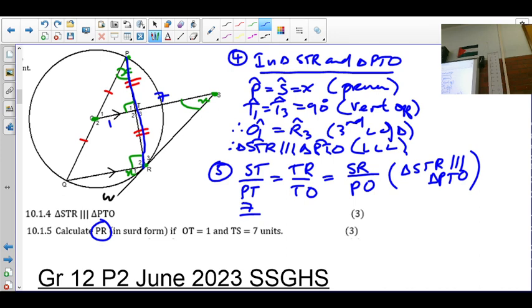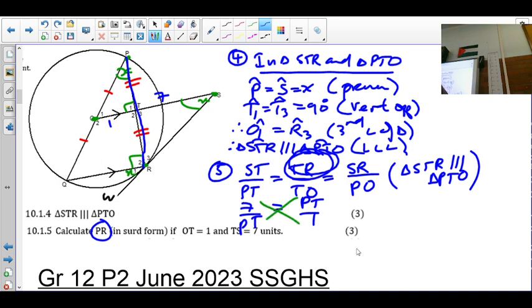Oh, yes. Sorry. So TS over PT is equal to TR, which is also equal to PT over OT, which is 1. Right. So I just overlooked that thing.